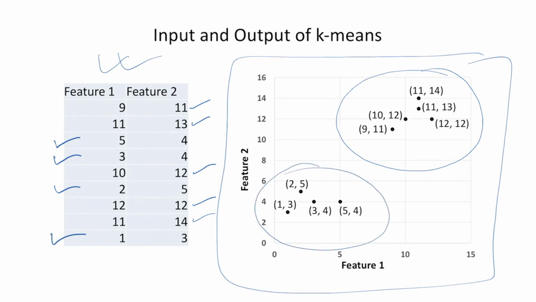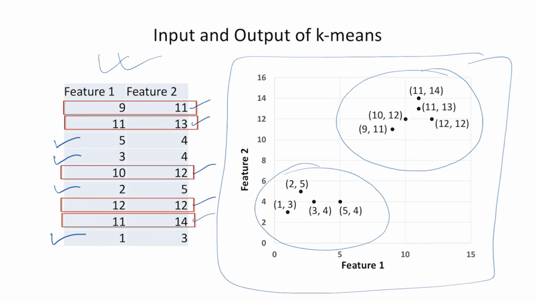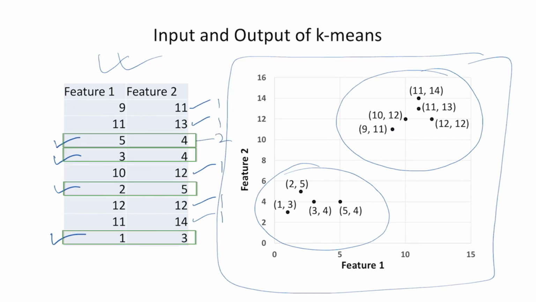We can see that there are 2 clusters. This is why I said that if we apply k-means clustering algorithm with k equals 2, probably these points will be in one cluster and the other points will go to another cluster.